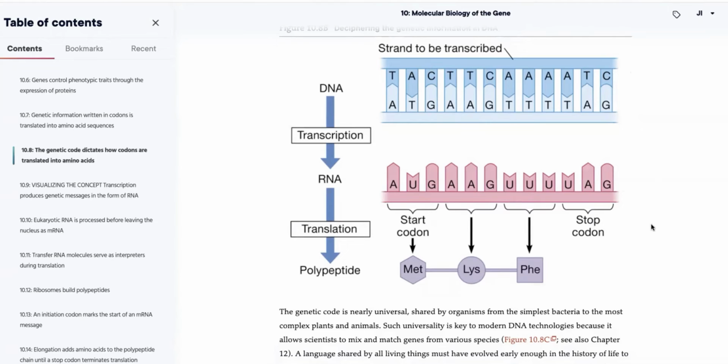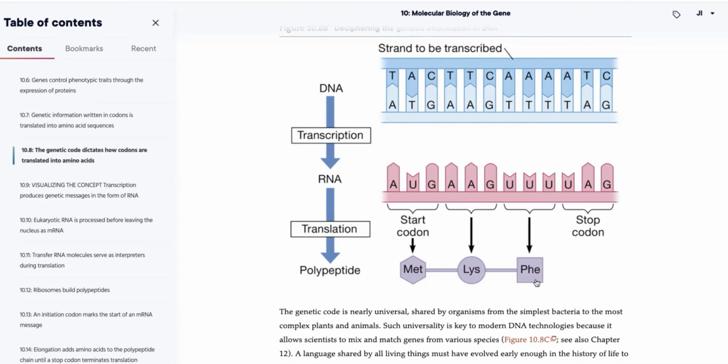And then after the messenger RNA molecule goes out into the cytoplasm, the information carried in the RNA molecule is going to be translated into a sequence of amino acids. What we're looking at here is AUG is going to be translated into the amino acid methionine. AAG is going to be translated into the amino acid lysine.